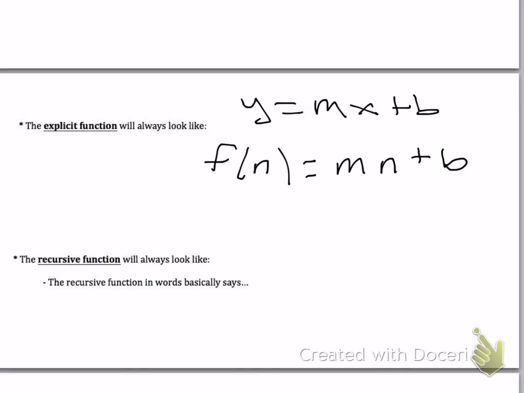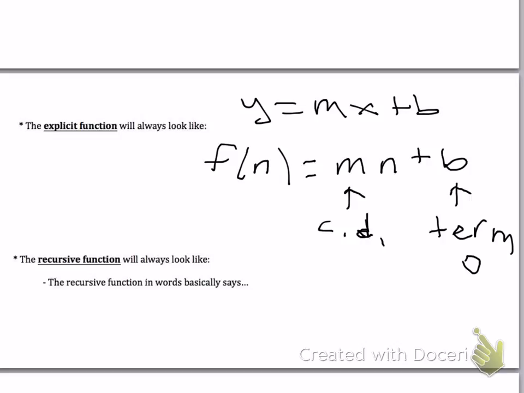Very similar. This right here is going to be your common difference. And this right here is going to be your term 0. Remember I said that the 0 versus the 1 was going to be really important. That's where it's going to be important right there.